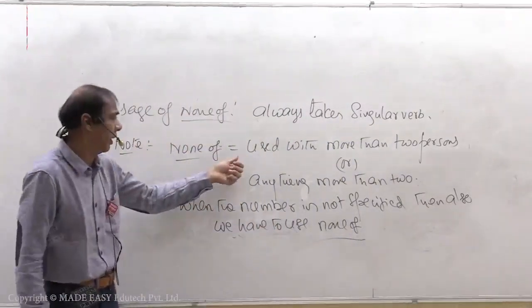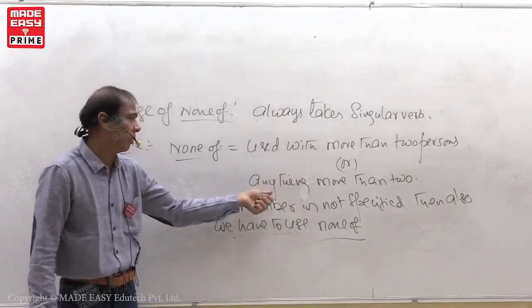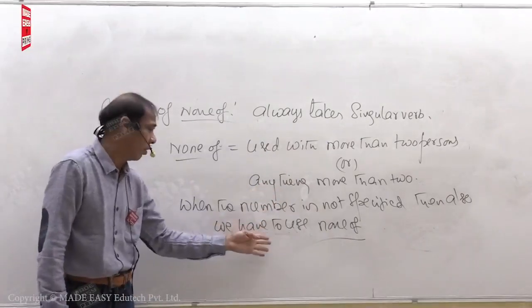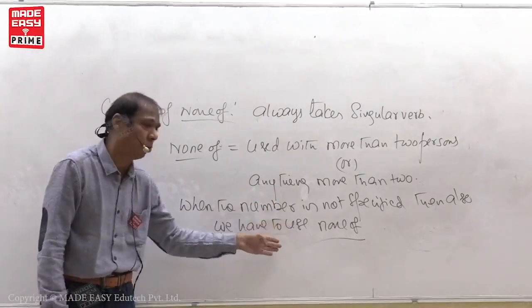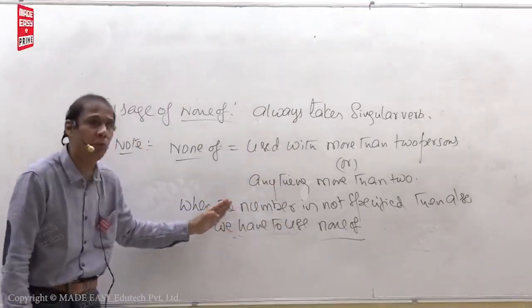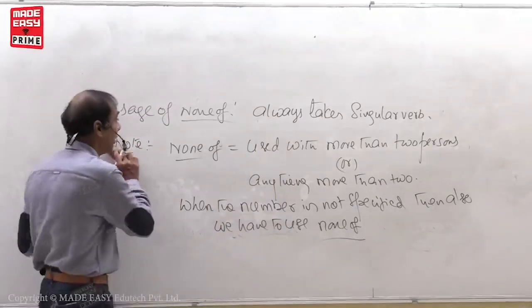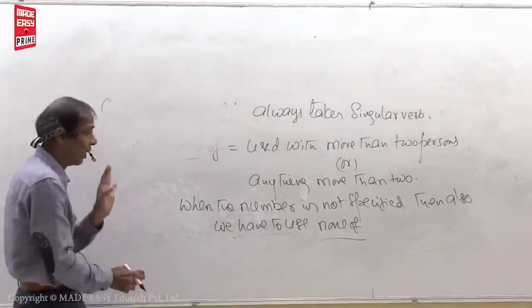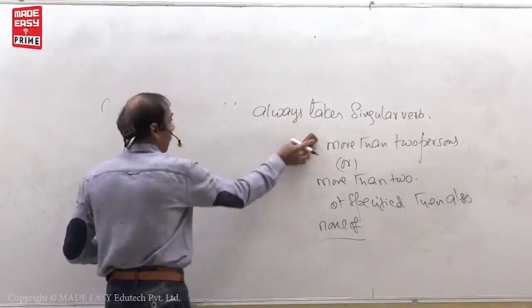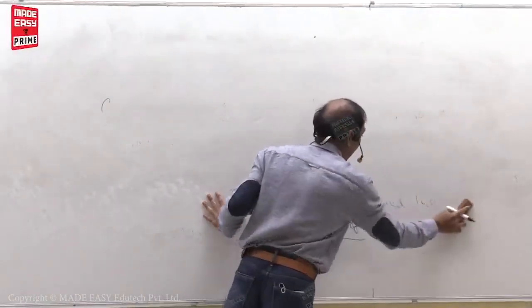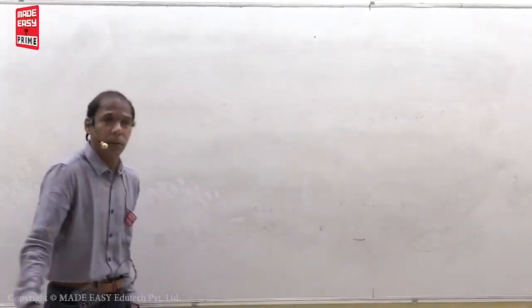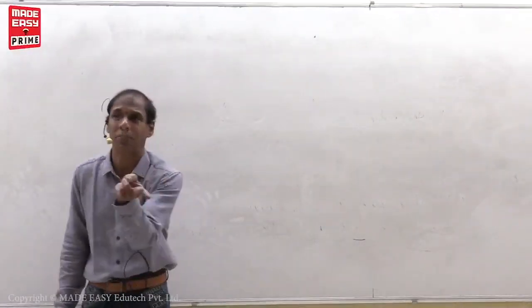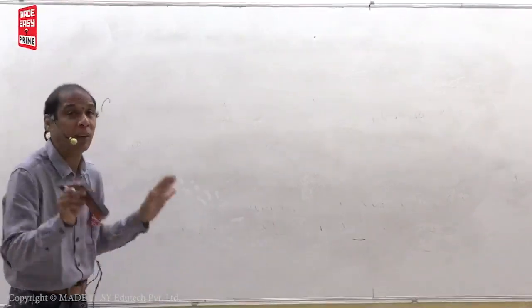What is the note you have taken here? Used with more than two persons or anything more than two. When the number is not specified, then also we have to use none of. Why have I explained all this? Now you will realize. Because of how it is asked in the exam sometimes. Students especially get confused between the uses of neither of and none of. How is it asked in the exam?